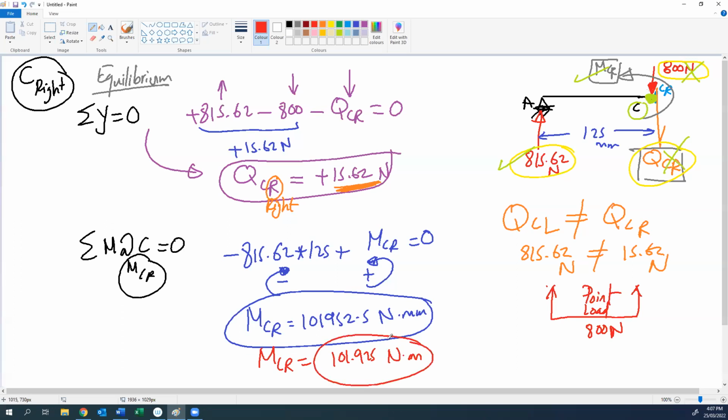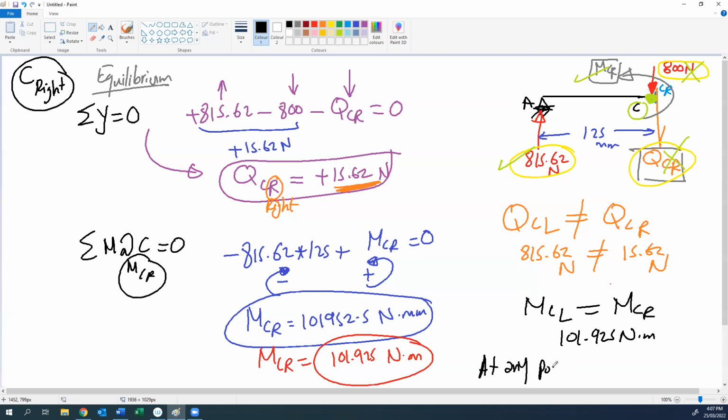So what did you notice from MCR and MC left? We can notice that the moment at MC left equals the moment at MC right. Both of them are 101.925 Newton meter. This means that at any point, the moment left equals the moment right.